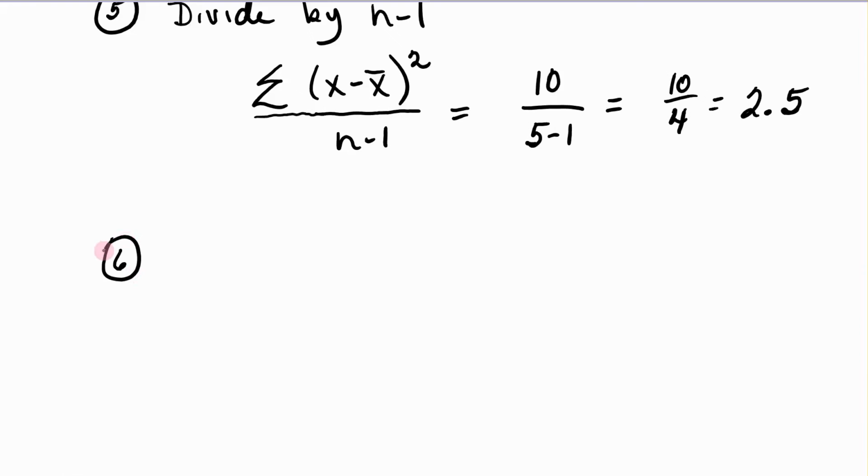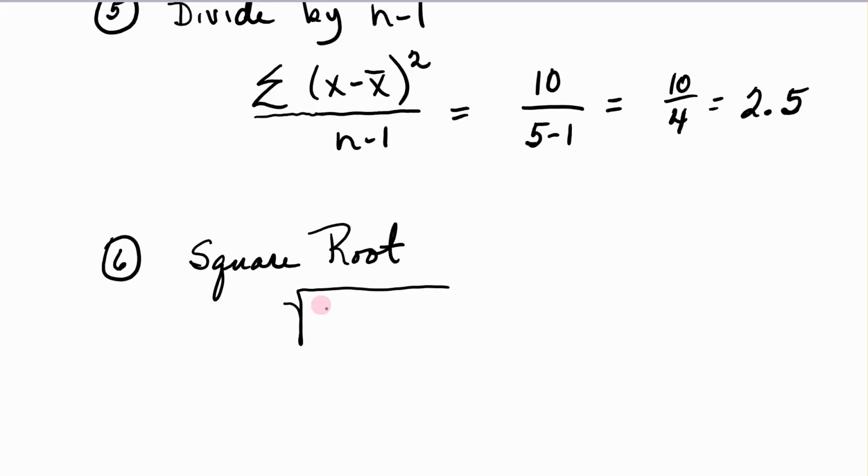Step number 6 is I'm going to take the square root. So I'm going to take the square root of the sum of the squares of the deviations divided by n minus 1.